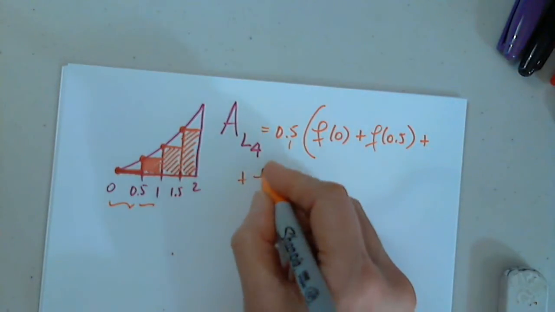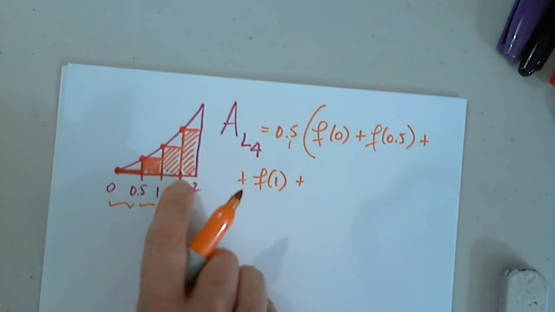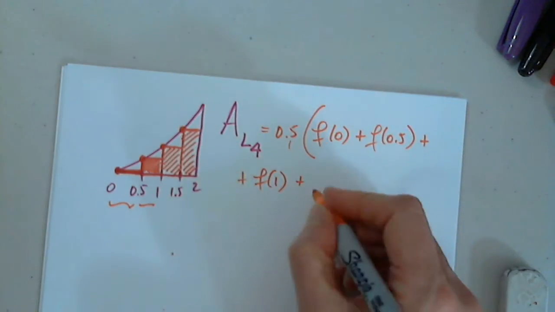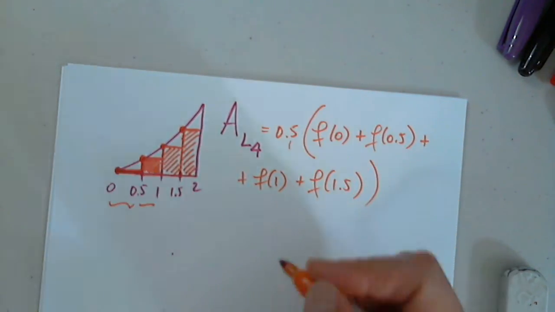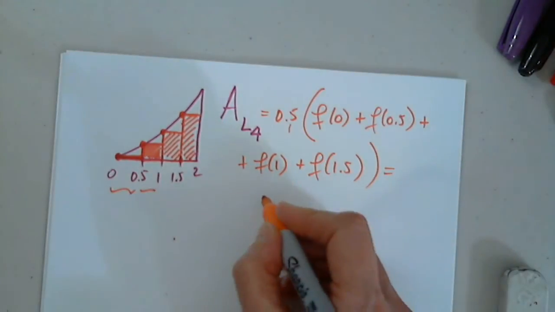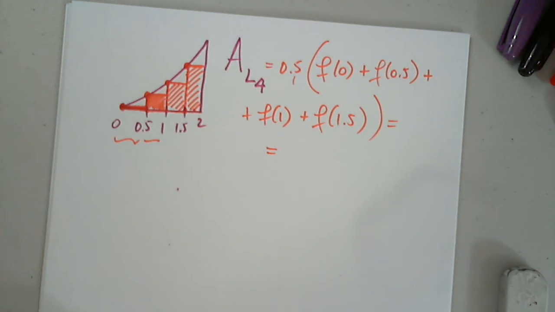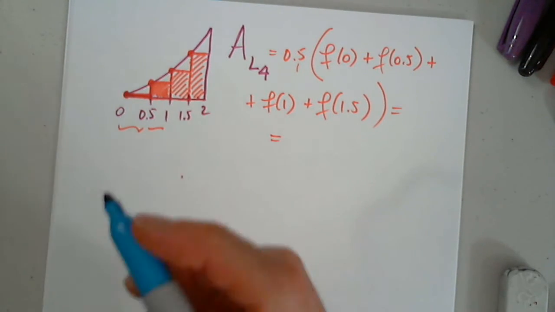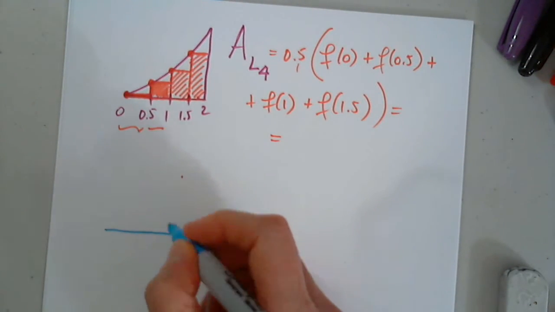The base is here, f of 1, and plus the base, which is here, times the height, f of 1.5. We will calculate this area in a minute. I just want to go through all the other two, all these steps, and then we'll calculate them with the calculator. Okay, here's the second option.